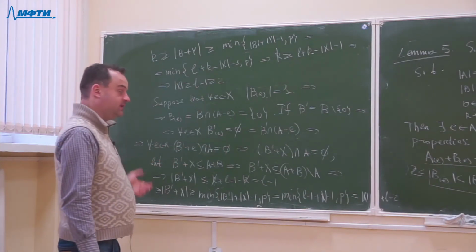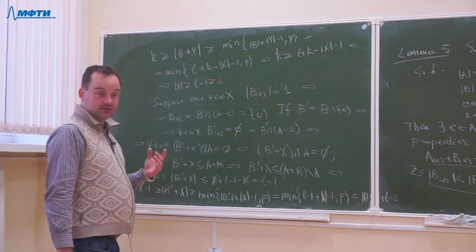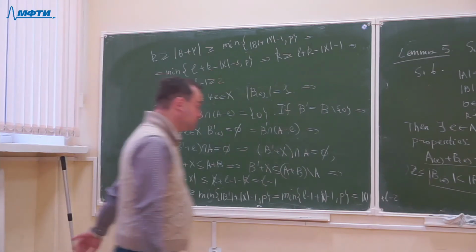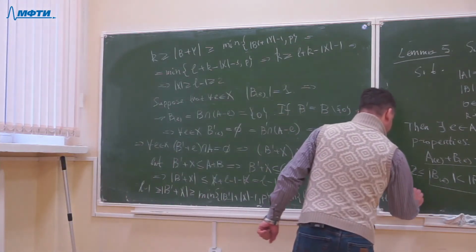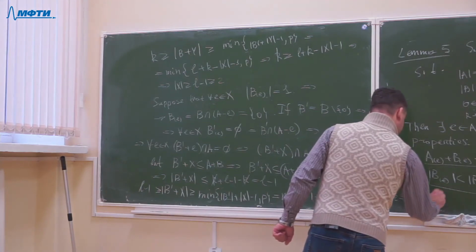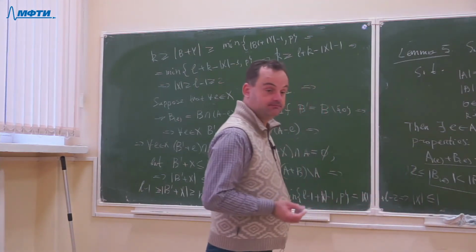Which means that X has at most one element. This is a contradiction.